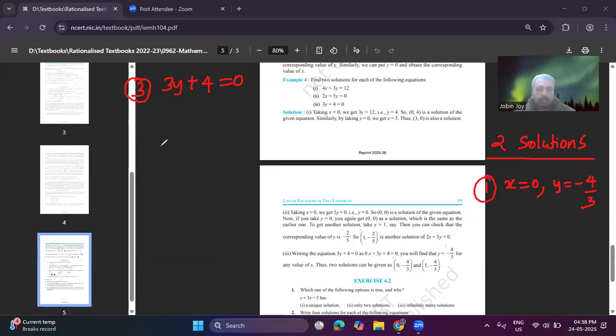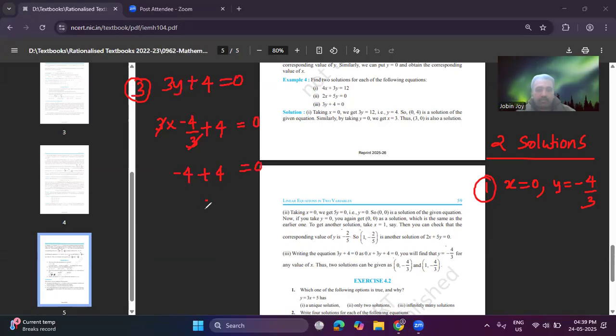So 3 into what is y? x is 0, y is minus 4 by 3, right? So 3 into minus 4 by 3 plus 4 equal to 0, right? So this 3 cancel. So minus 4 plus 4 equal to 0.